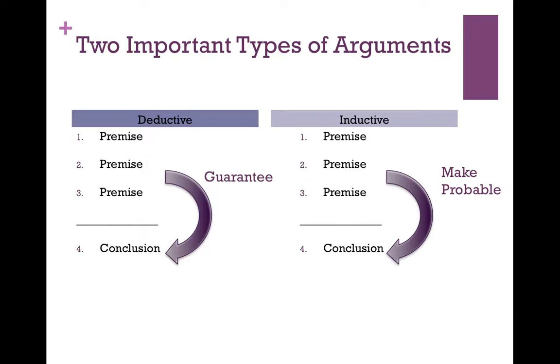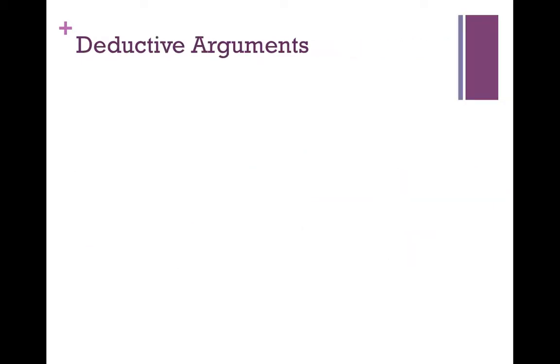And keep in mind also, the relation between the premises and conclusion is a function of the intention of the person making the argument. What does that person reasonably intend to do with the premises? Are they using the premises as a guarantee of the conclusion, or are they using the premises just as a way of making the conclusion likely?